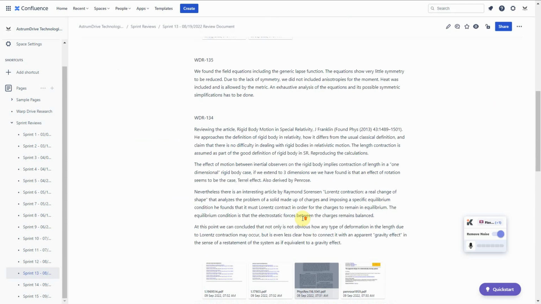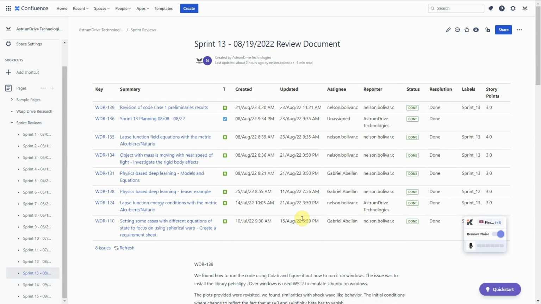Very nice. The other thing that we did, we worked a lot on what happens to an object that goes very far. We're asking ourselves a question: if you have a massive, extended object, I mean a rigid body, that is moving really fast, what are the effects that you find? So we started digging into that to see if there is some sort of connection between this and something that can be linked to the warp drive. We found very interesting things.